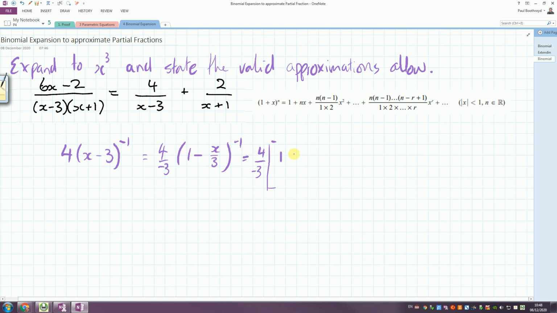So I've got 1 minus 1 x over 3, because remember the x here is x over 3 negative, so you need to change that to a positive 1/3. We've got a negative 1 from here, so n was negative 1.